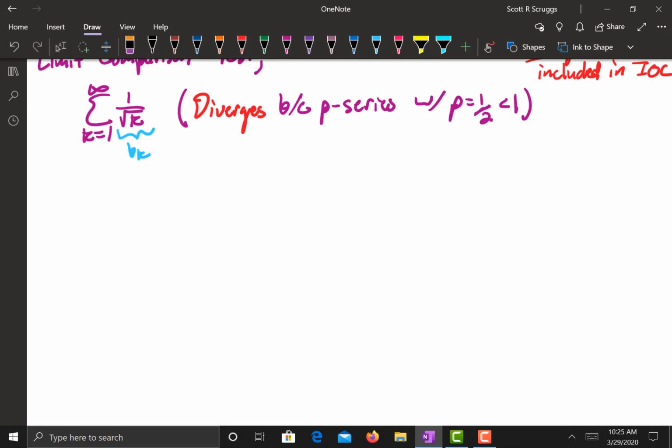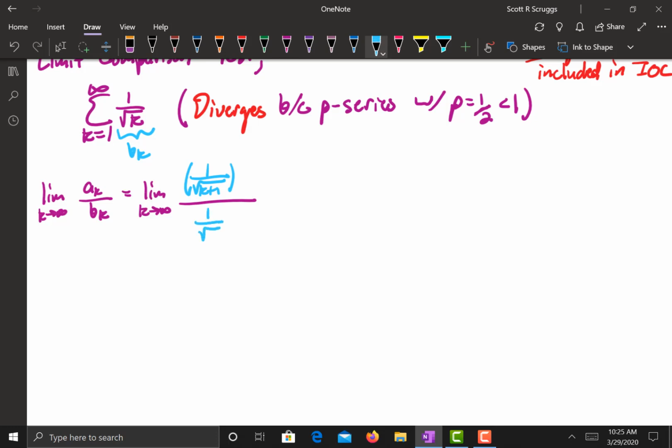For a limit comparison test, I'm going to take the limit as k goes to infinity of a of k over b of k, which I get to be the limit as k goes to infinity of what I define a of k to be, which is 1 over the square root of k plus 1, divided by 1 over the square root of k.